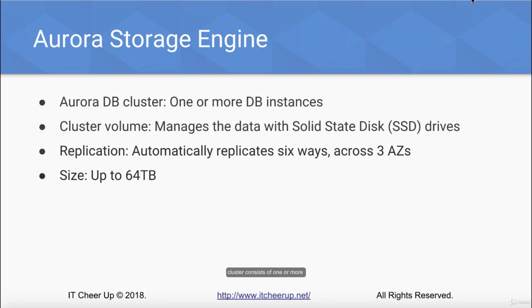An Aurora DB cluster consists of one or more DB instances and a cluster volume that manages the data for those DB instances. Aurora data is stored in the cluster volume, which is a single virtual volume that utilizes solid-state drives. A cluster volume consists of copies of the data across multiple availability zones in a single region.